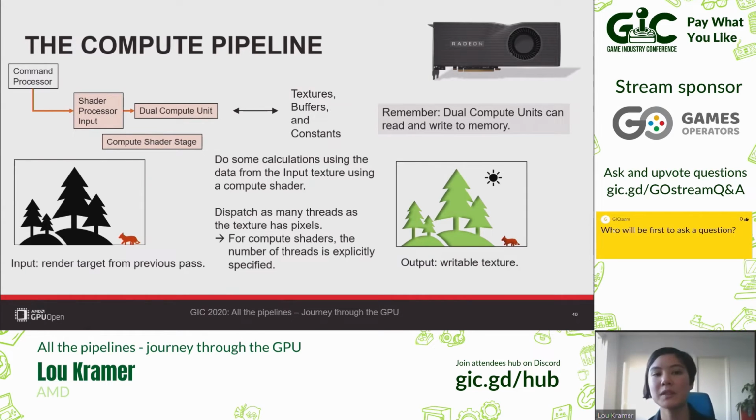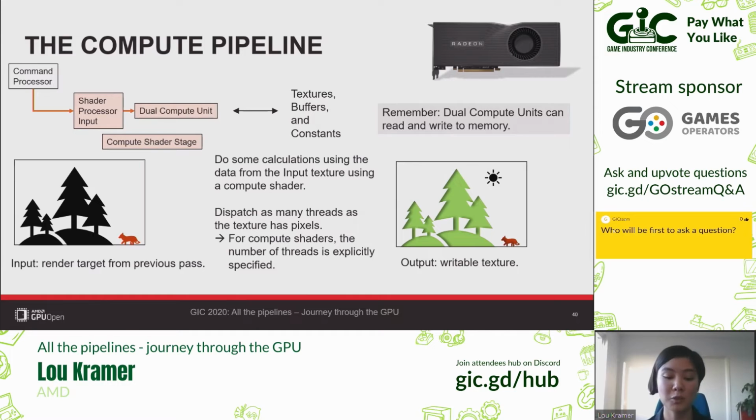What are the nice things if you use compute shaders instead of the graphics pipeline is that you only access the hardware units that you actually need. So you only access the shader processor input, which is basically accumulating all the several threads and then kicking off the work for the dual compute units.